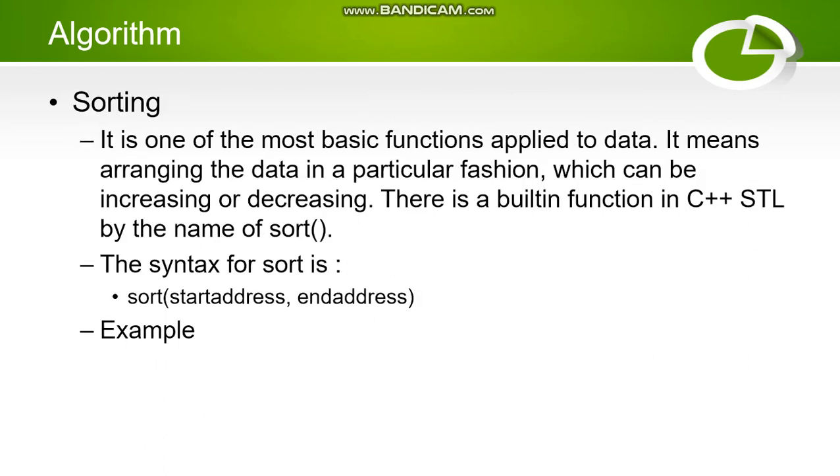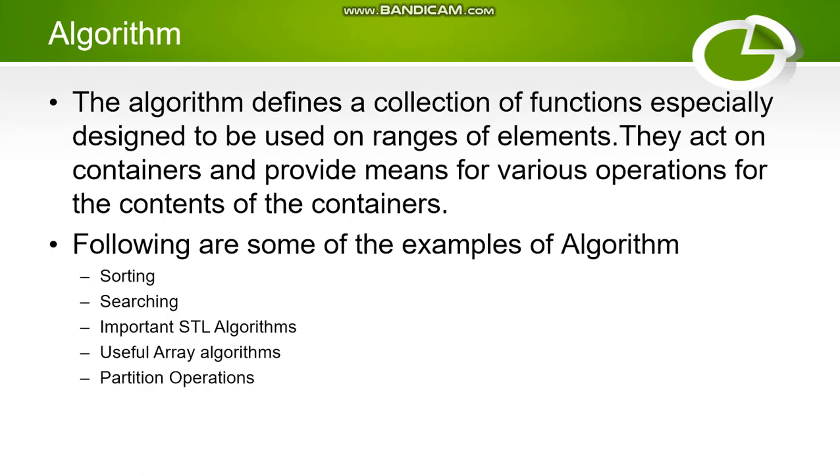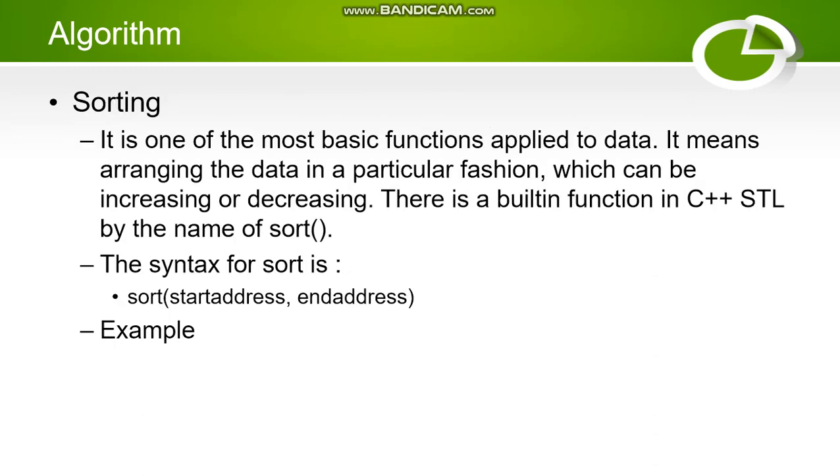First we will see the example of sorting, or what is meant by sorting. Sorting is one of the most basic functions applied on data. It means arranging the data in a particular fashion, which can be increasing or decreasing. If we have an array and apply the sorting algorithm, the array is sorted in either ascending or descending order.